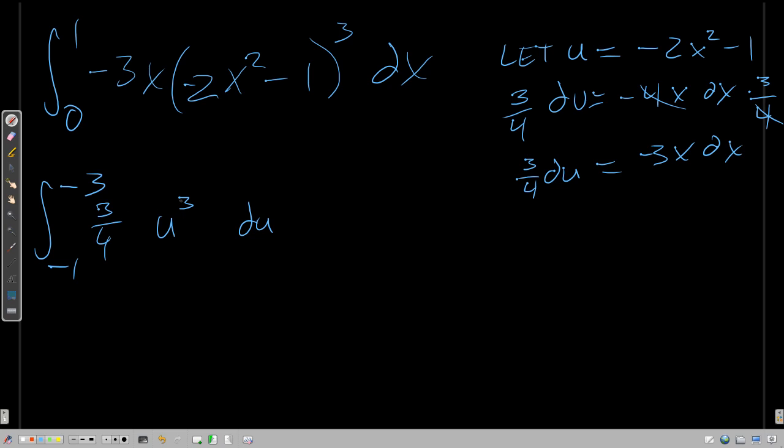So that antiderivative, capital F of u, would be 3/16 u to the fourth. And we're going to have to compute capital F of -3 minus capital F of -1.